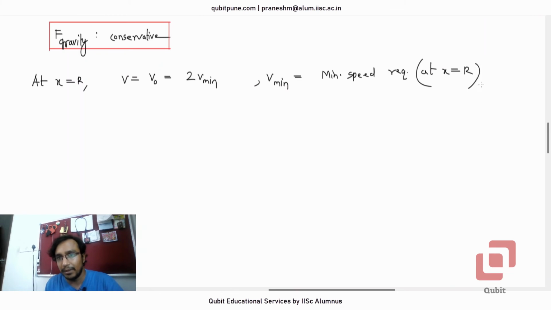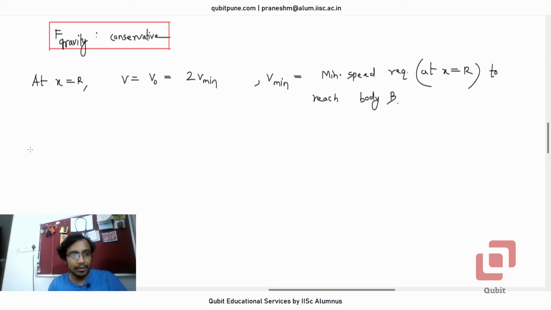That is important. Required at x equal to r to reach the other body B. So we will first try to determine the speed using this particular condition.